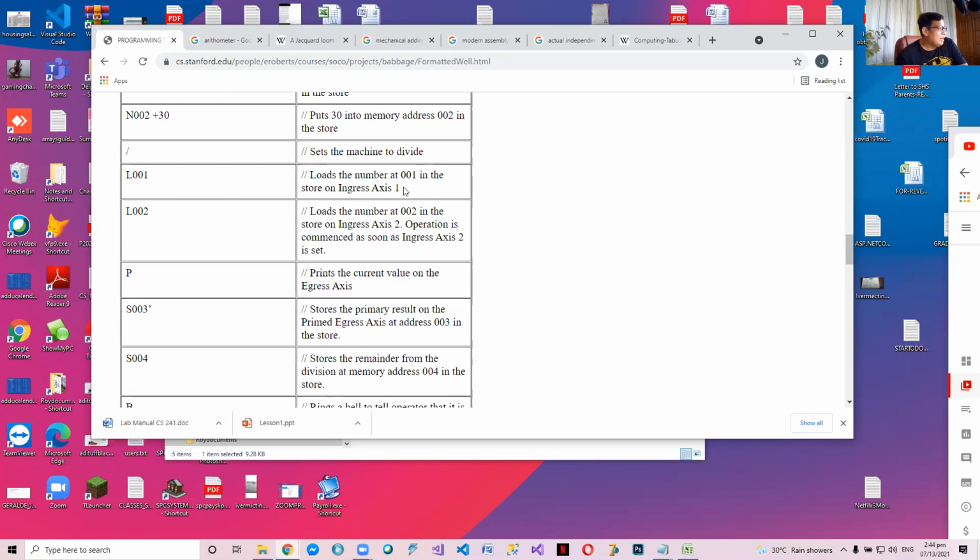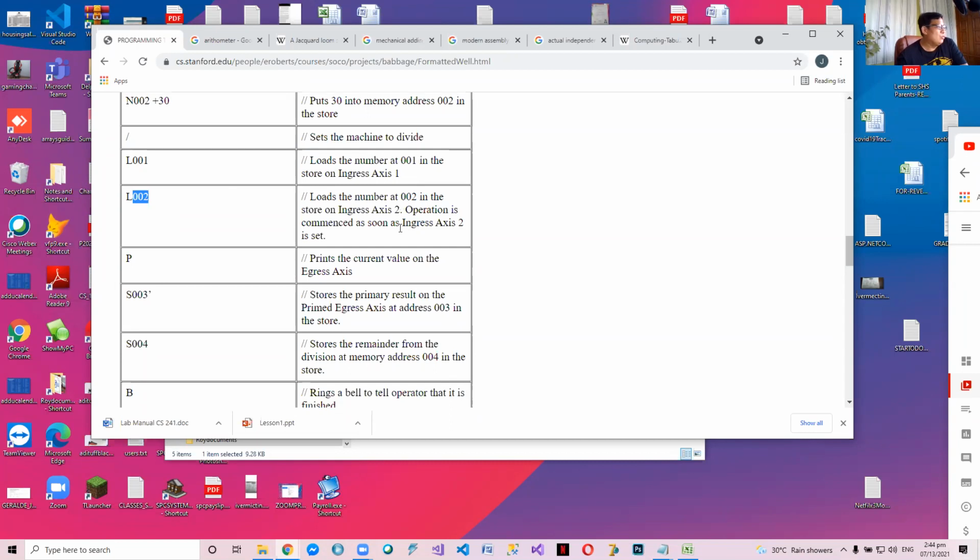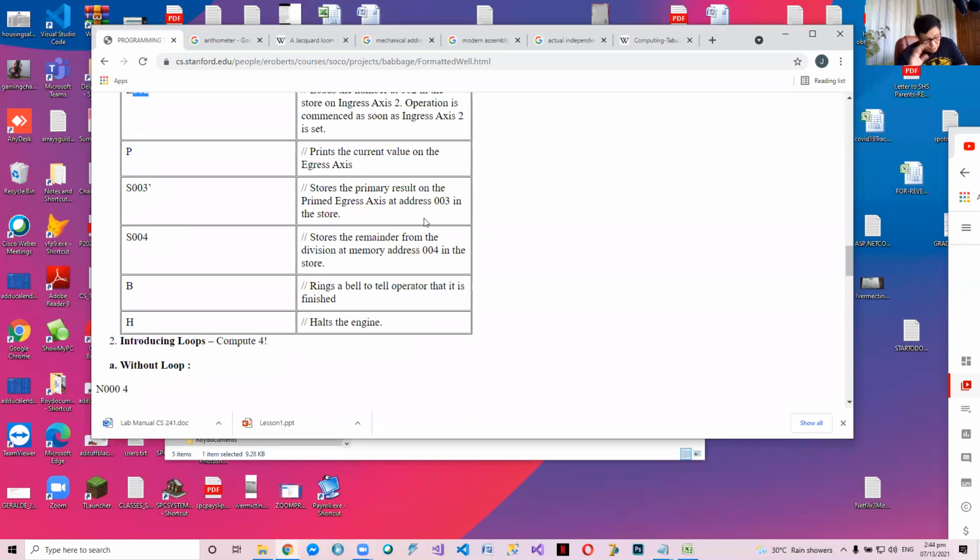So ibig sabihin, if the load comes as the first load, it's stored to the axis 1. If the second load, it will store to axis 2. Okay? Do you follow? We'll show you that later. And the S will store the prime ingress with a prime. A plain S will store the main ingress.